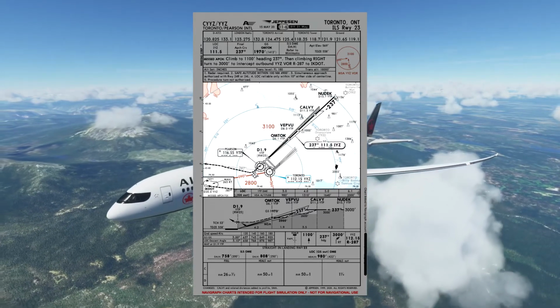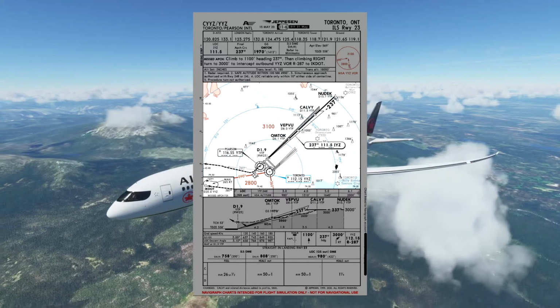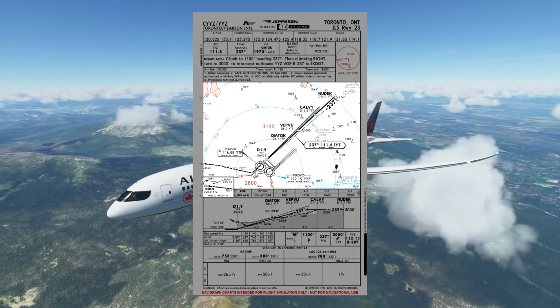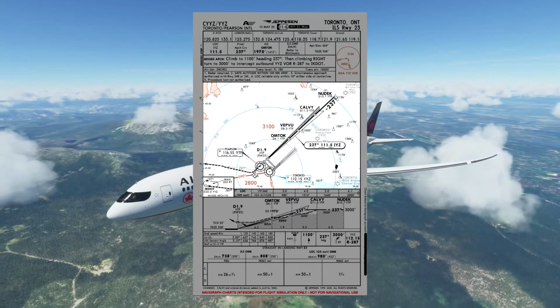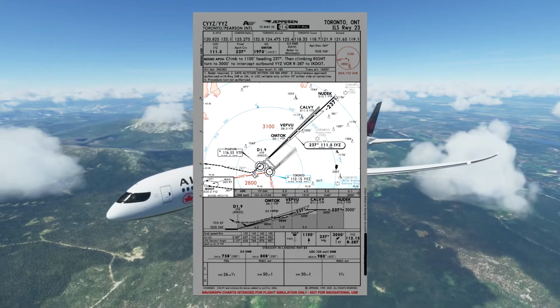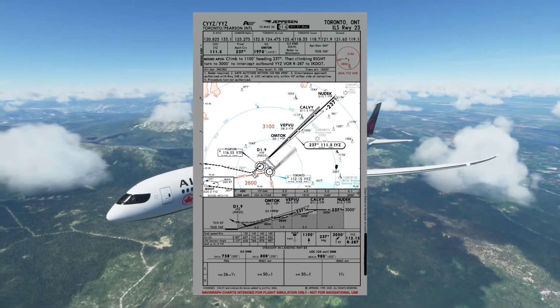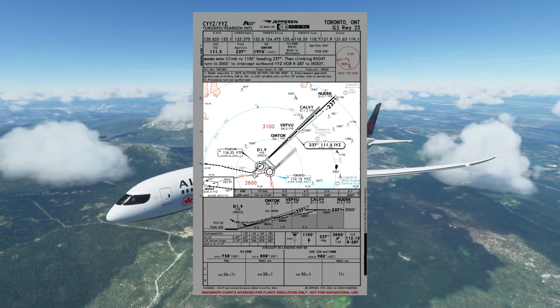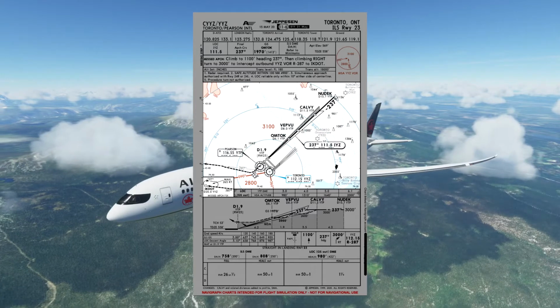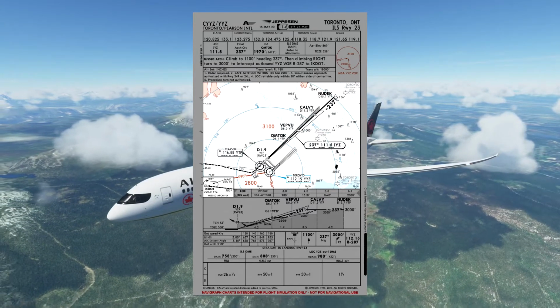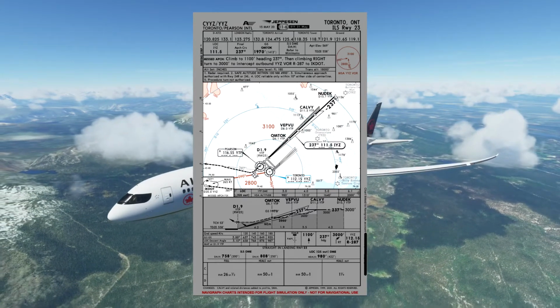So the next section down is the diagram of the approach. You can see for where we're coming in, we're going to be turned by ATC, and they will have us heading, usually it's about a 30-degree intercept angle. So we'd be flying at either 267 degrees, or if we were coming in from the north, 207 degrees, and the approach mode would pick it up.